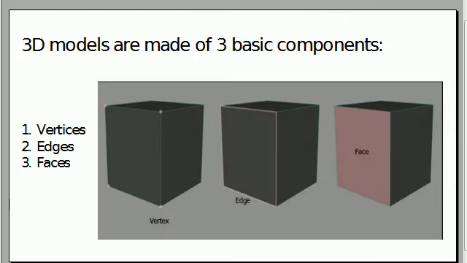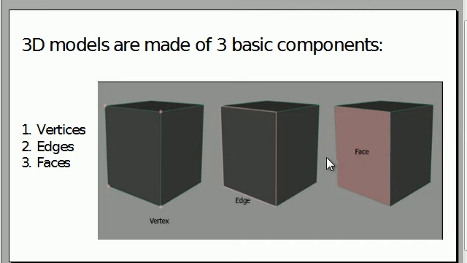Now, 3D models are composed of 3 basic components. There are your vertices. There's one vertex there, plural of vertex is vertices. So you can see here each one of these vertices makes up the boundaries of this cube. The second component is edges, and the edges are literally the edge of the cube, and then the face is the face of the cube.